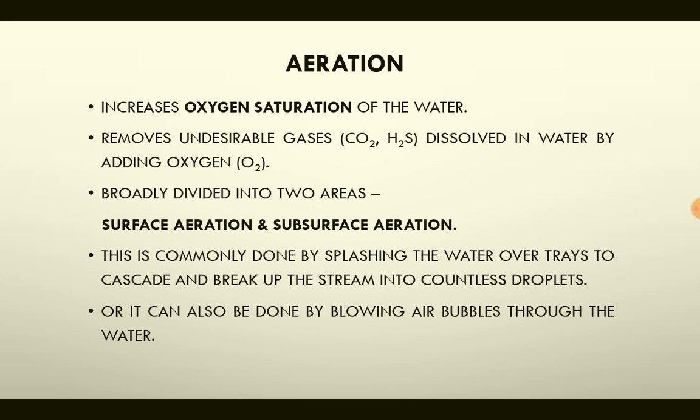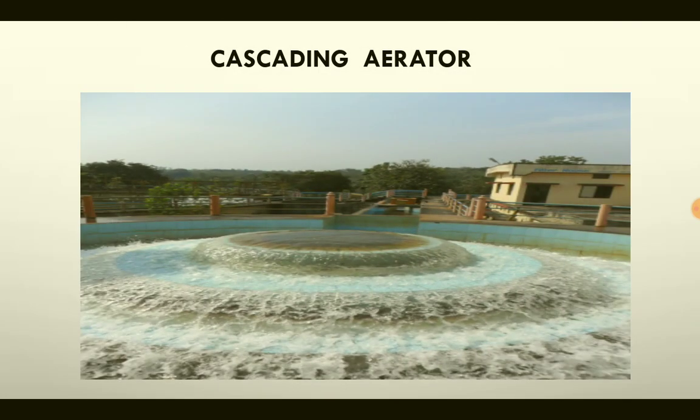Surface aeration is commonly done by splashing the water over trays to cascade and break up the stream into countless droplets, whereas subsurface aeration can also be done by blowing air through the stagnant water. The ultimate aim of aeration is to bring about close contact between the water and air. This is a cascading type of aerator normally found in a water treatment plant.